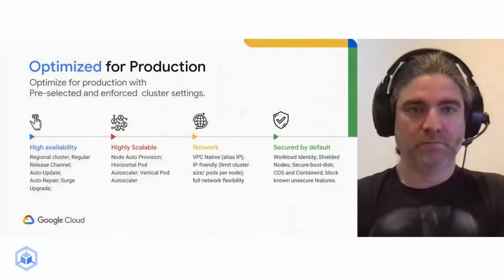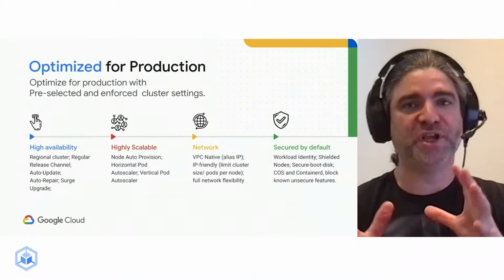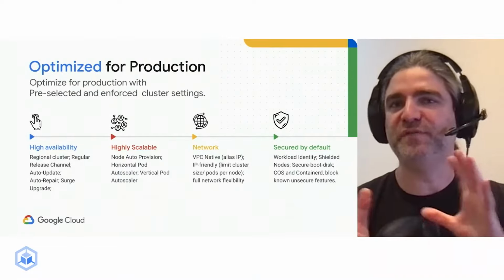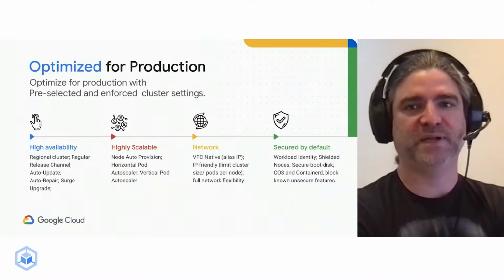I'm a product manager working on GKE, and I'm really excited today to take you on a deeper look into Autopilot. As Chen mentioned, we invested a lot in taking all of the learning, best practices, and everything we've achieved with GKE over the last 5 years and packaging it all together into Autopilot.